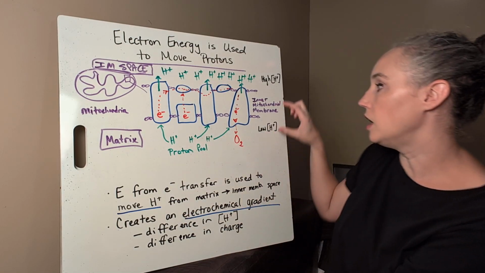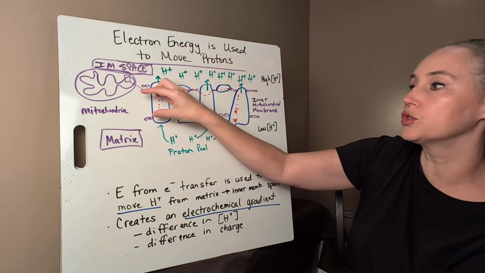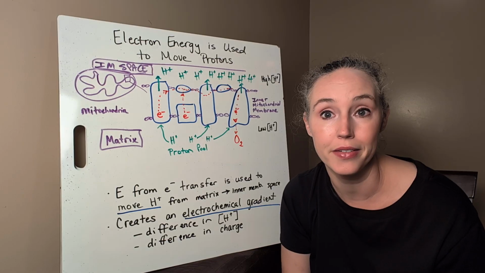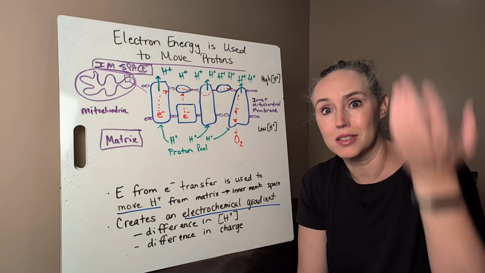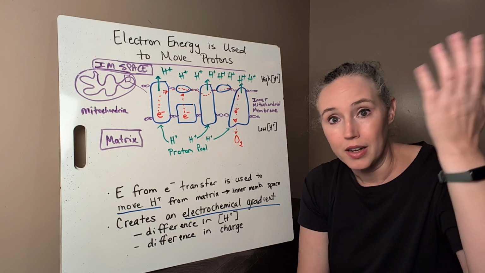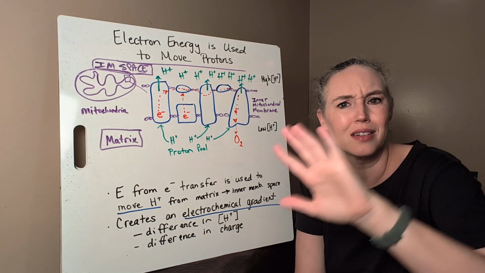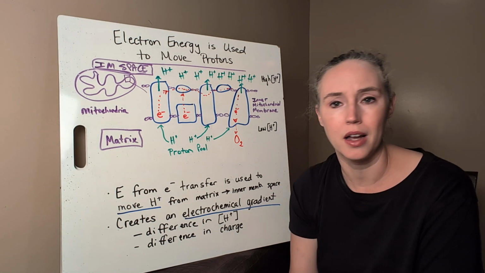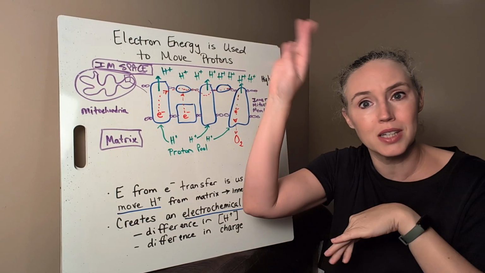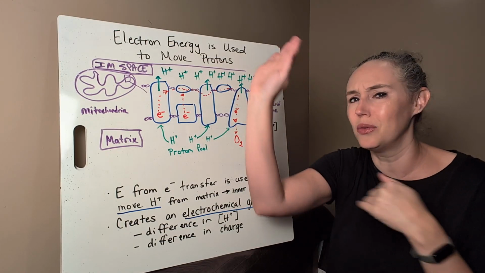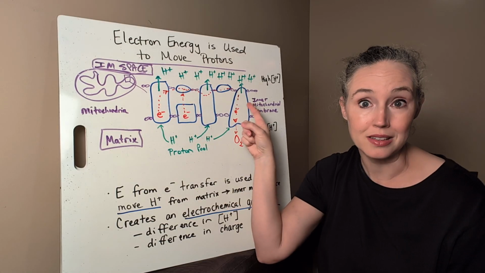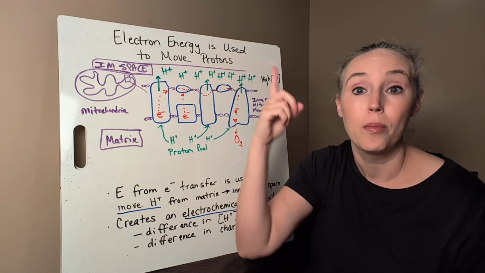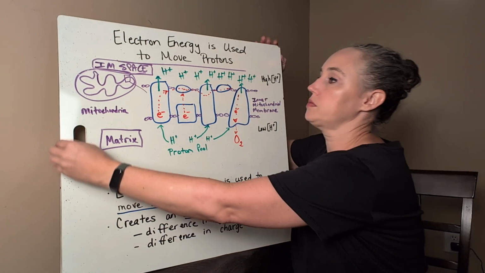Otherwise, the inner mitochondrial membrane is a lipid bilayer, just like the cell membrane, and charged particles can't just pass through. It's nonpolar, so ions and polar substances stay on one side or the other. That's why we need these proteins to allow the protons to go through.